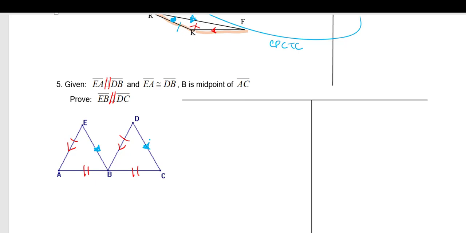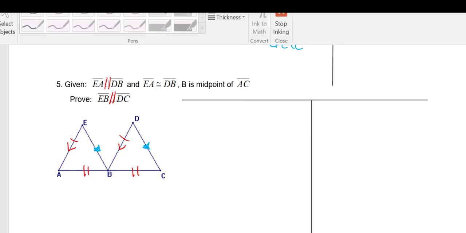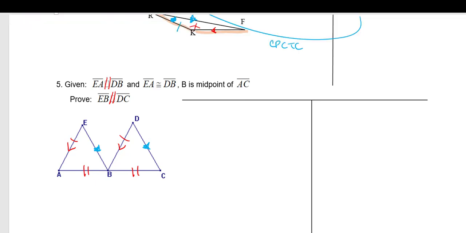Okay, so let's take a look at, again, the first two parallel lines, and it looks like I can come up with an F shape here where these angles are congruent to each other because of corresponding angles.